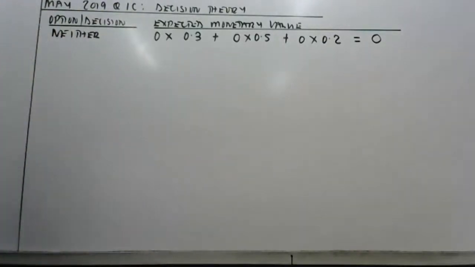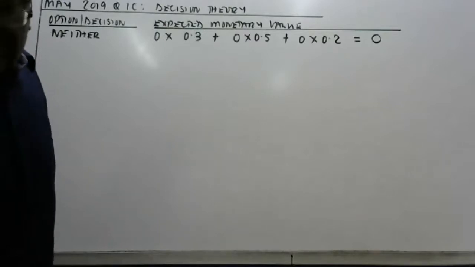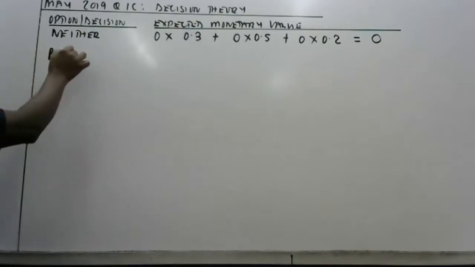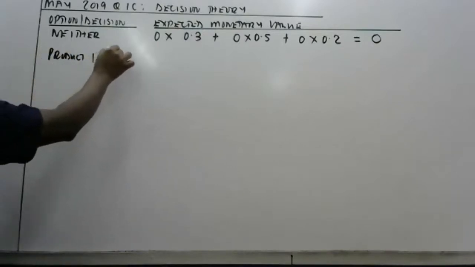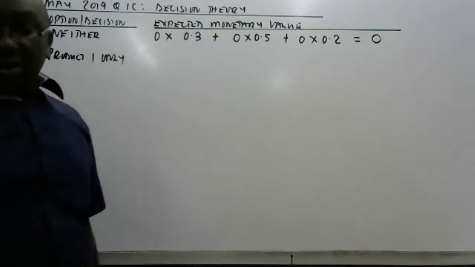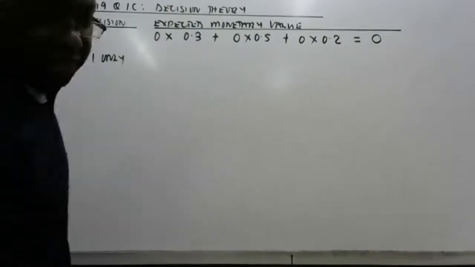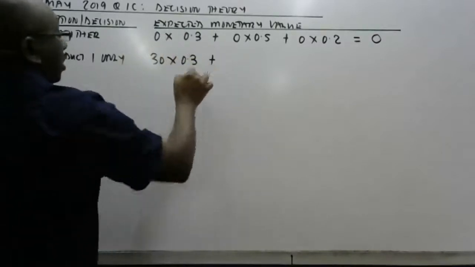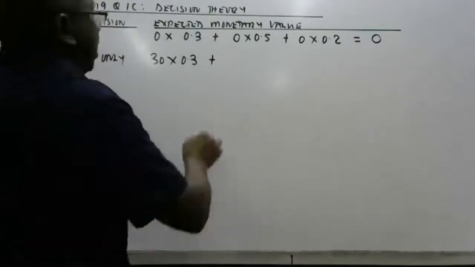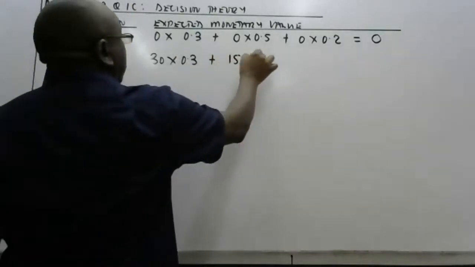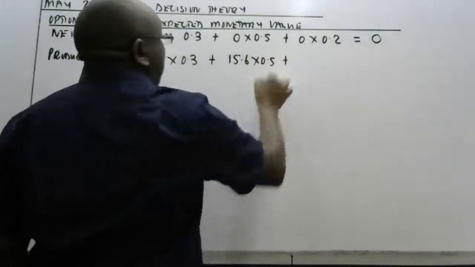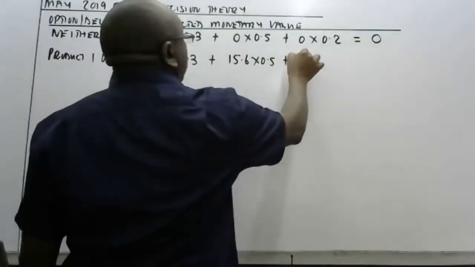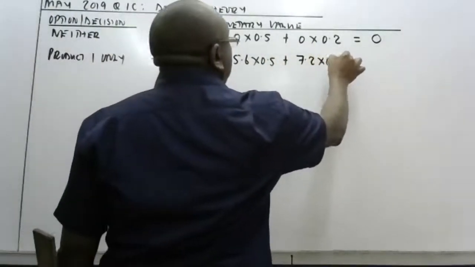So we go to the next one, which they are calling product 1 only. So for product 1 only, the payoffs are 30 times 0.3, plus 15.6 times 0.5, plus 7.2 times 0.2.